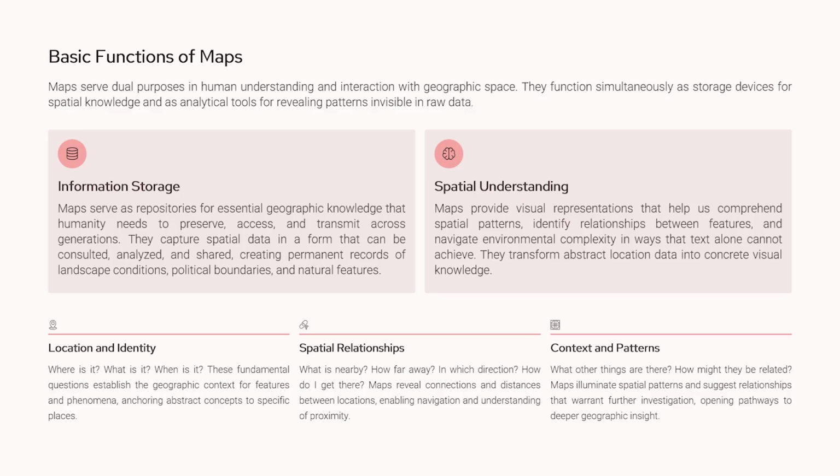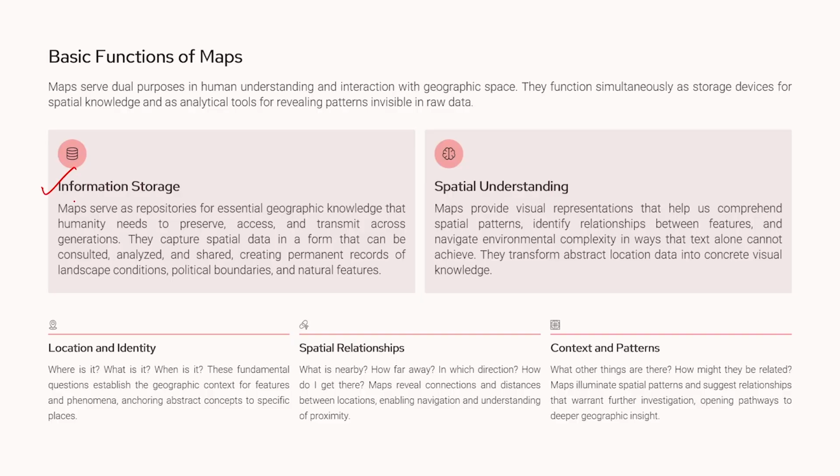The next one, after learning basic characters of maps, we need to think about the functions of maps, and here one is information storage. What is meant by that? If you see any map, whether it is a thematic map or topographic sheet or any tourist map, we read what about the road, what about the city name, whether it is a NH or state highway, we try to read everything and we can capture so much information from the map.